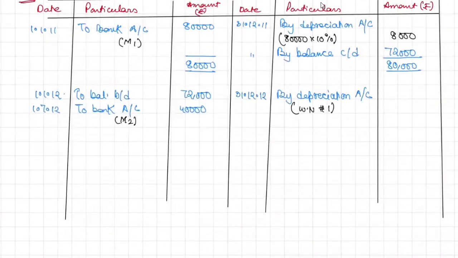Okay, so how much amount will go in the depreciation column? 9,200. Now what will be by balance CD?